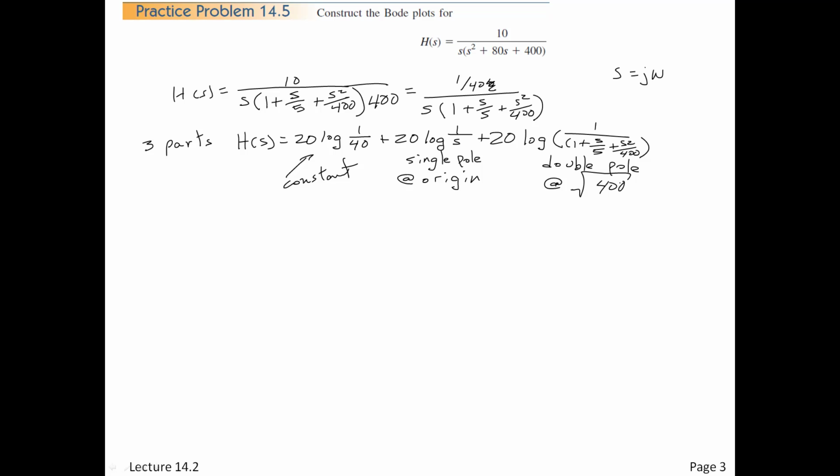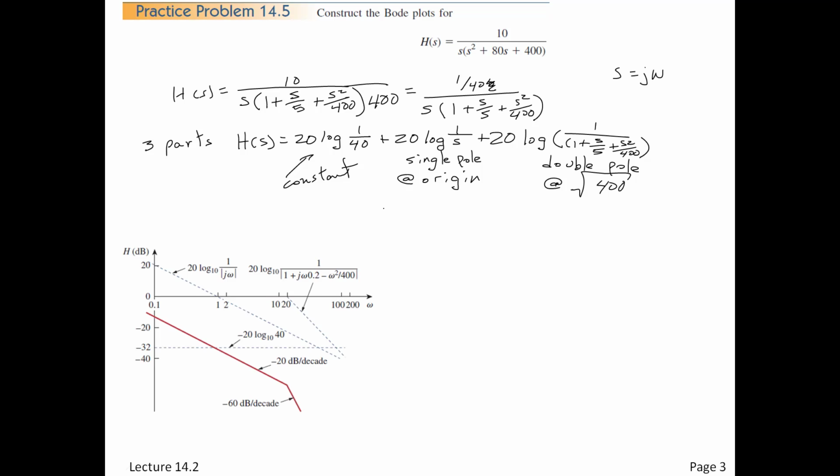Right? All right, so now we can look at, and in all of these, the book has given you, even in the answered ones, the full breakout. But let's just examine the pieces, right? Here at the bottom is our 20 log of 1/40th.